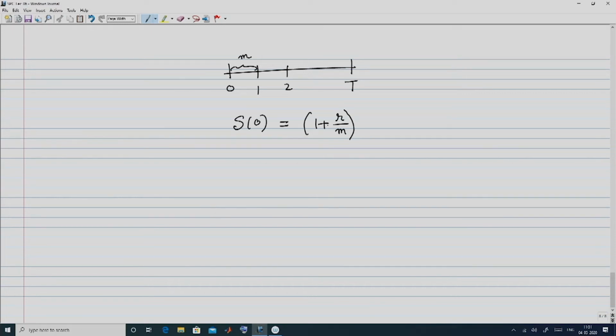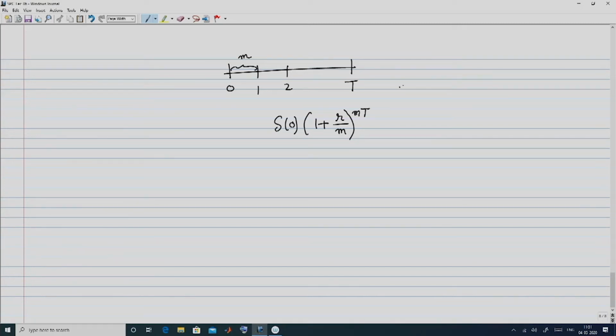So, that means for the whole year it is going to be 1 plus R by m for each period raised to m. So, this is the amount of money that I am going to get starting off with an amount of S naught. So, this is the amount of money that I will get at the end of 1 year. So, at the end of t years I will get the power to be m t.